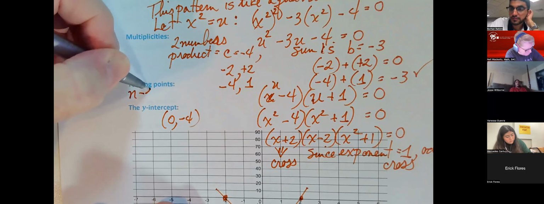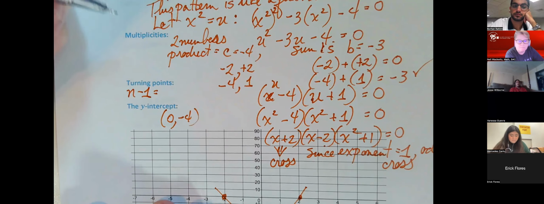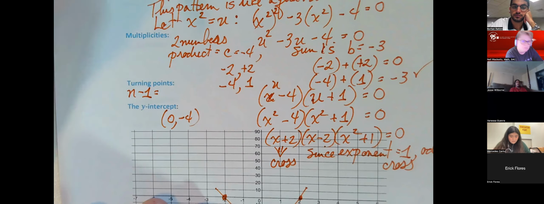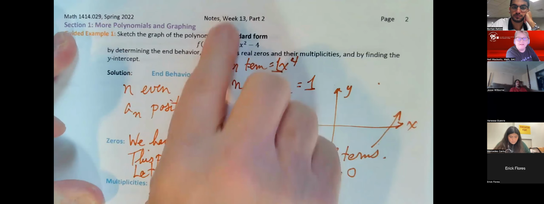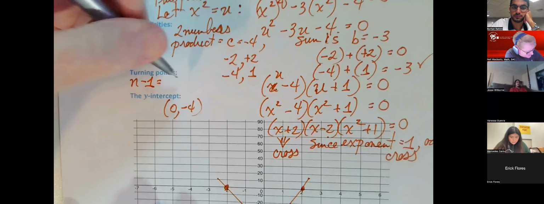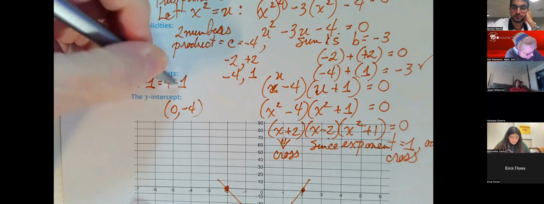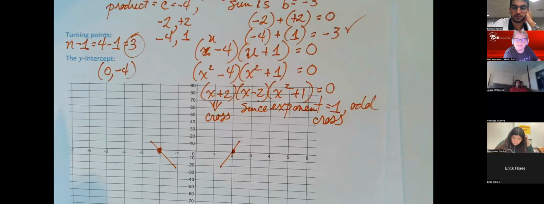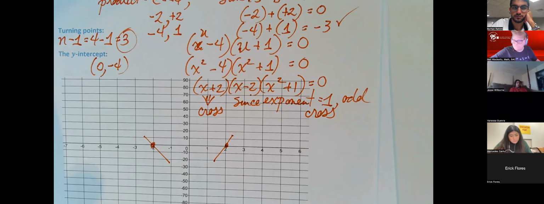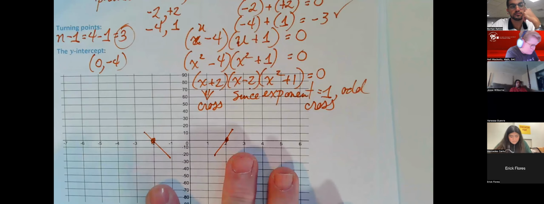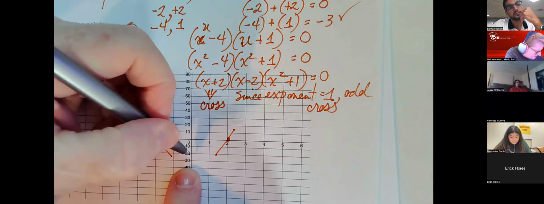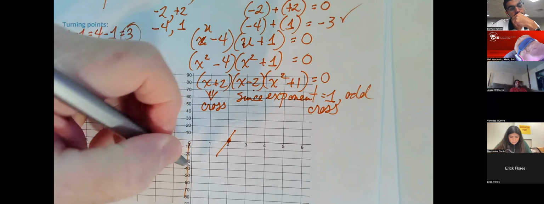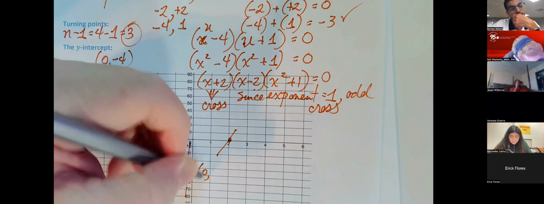What is n minus 1 this time? n was 4, and so it'll be 3. Very good. We'll remember that.